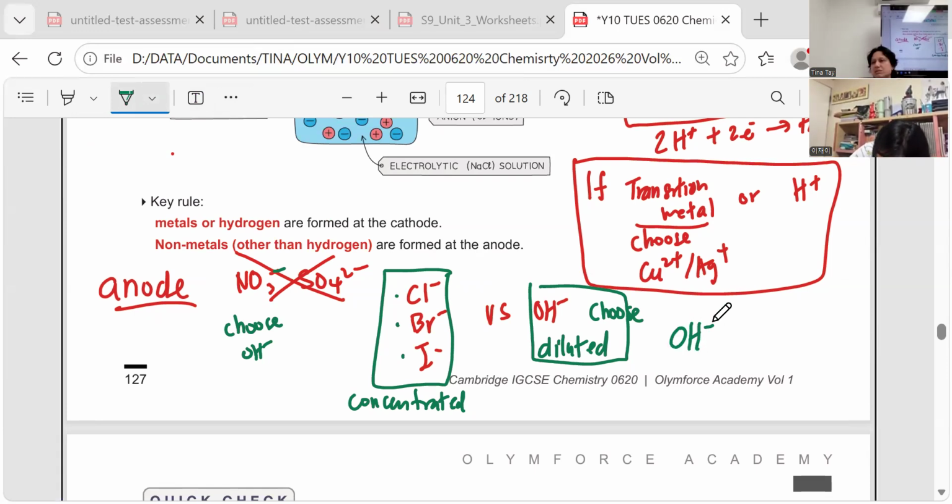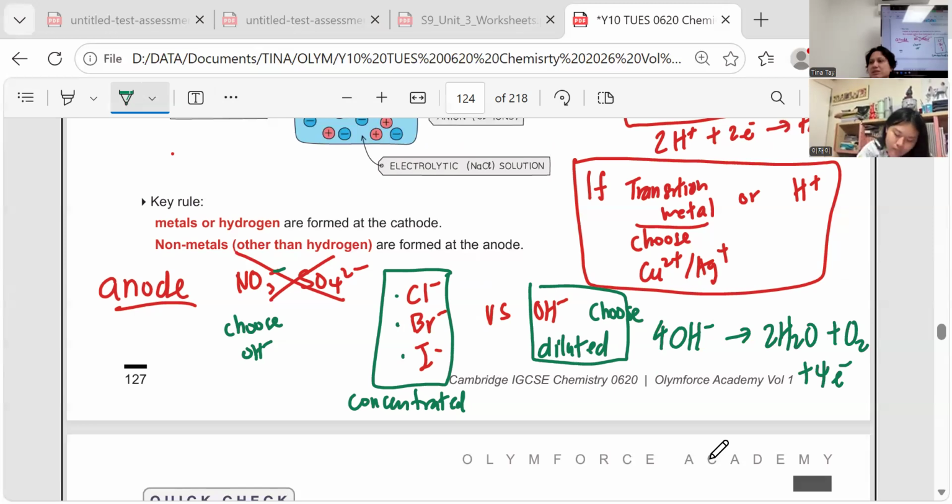Wait, we're now choosing the anion? Choosing for what? To react. Only one can react. So hydroxide ion changes to become water, oxygen, and releases 4 electrons, if you choose hydroxide ion.